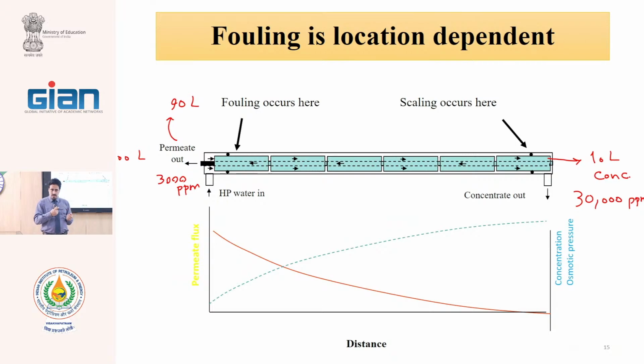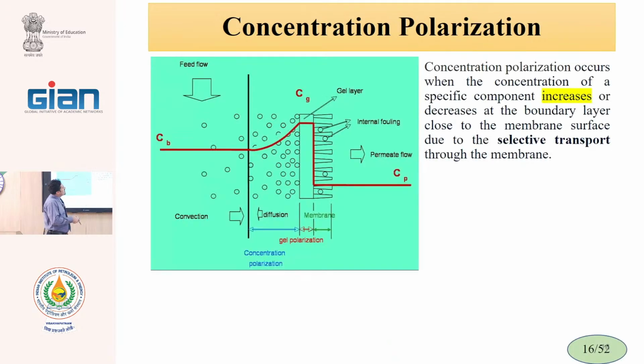We measure the bulk; we cannot measure the surface. Therefore, the concentration of the salt on the membrane surface may actually be 6,000 or 7,000. Therefore, this concentration polarization, because it increases the concentration of pollutants on the surface, causes fouling.